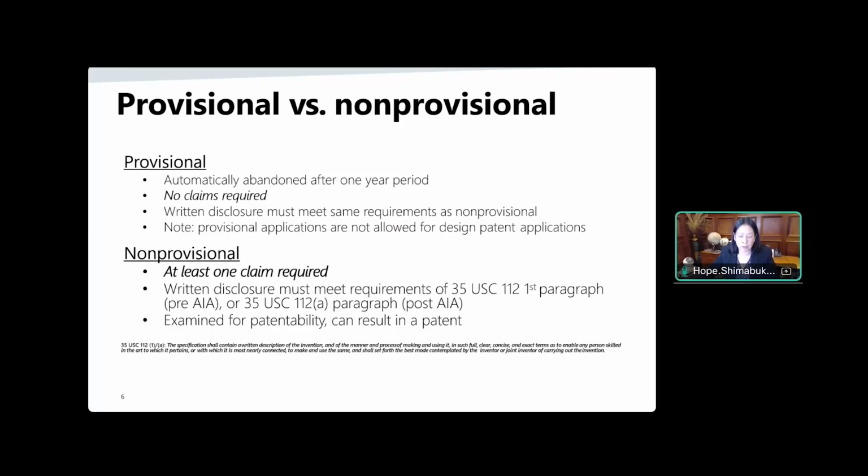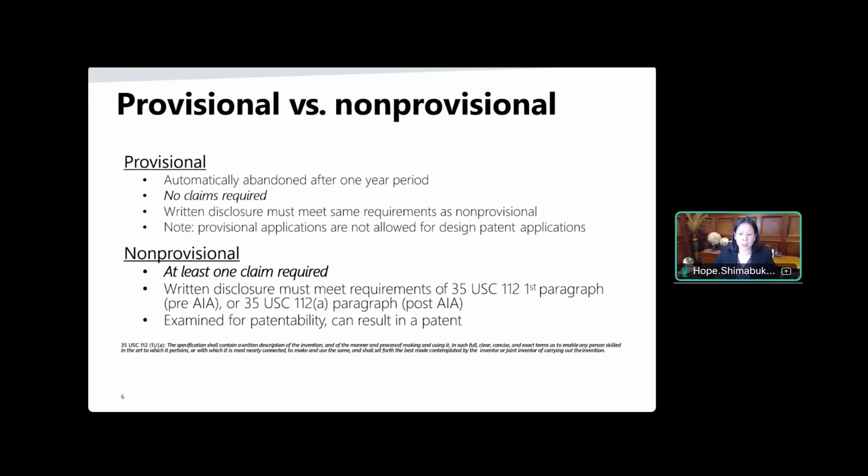The reason a provisional application is beneficial is because when you're filing an application, it's really a race to the patent office. And whoever files the application first in the office is the person who actually has the benefit and is able to possibly patent that. And so because of that, a provisional application is something that you can do in order to put a placeholder in time.